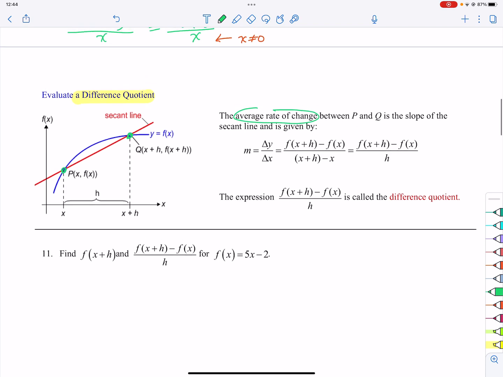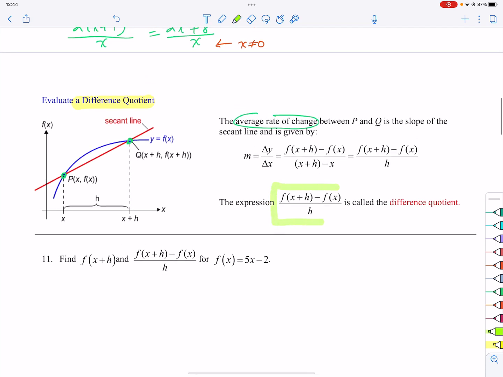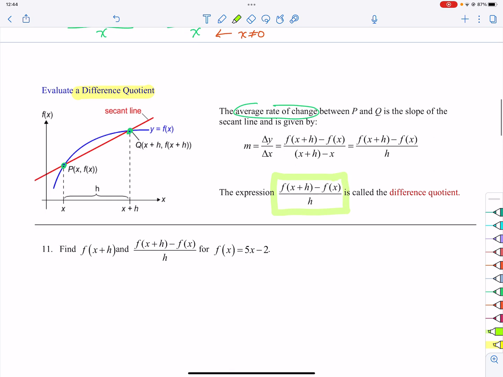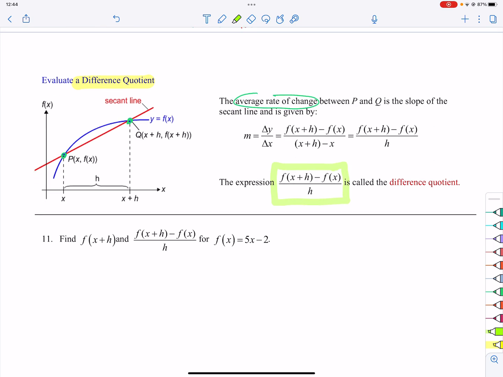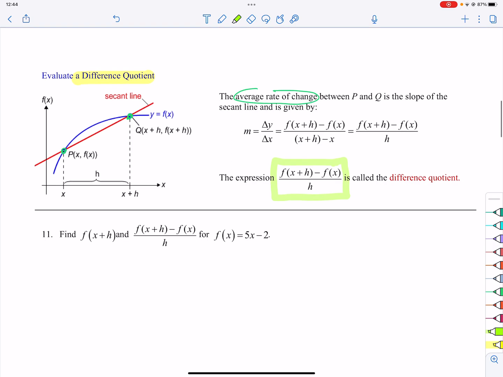And so we define the difference quotient as this: f of x plus h minus f of x, all divided by h. And we're going to talk about how this works. But basically, h is this horizontal distance between those x values. And that's where this h comes from, okay?